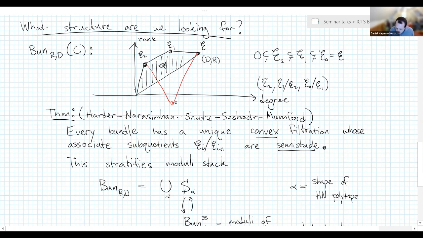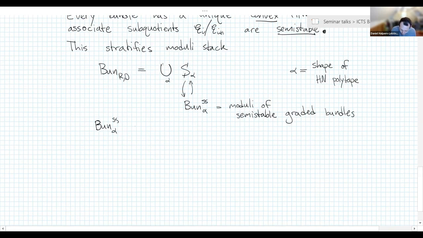And these are three semi-stable bundles of different ranks and degrees. That moduli problem of tuples of semi-stable bundles of different ranks and degrees has a good moduli space, a projective good moduli space.